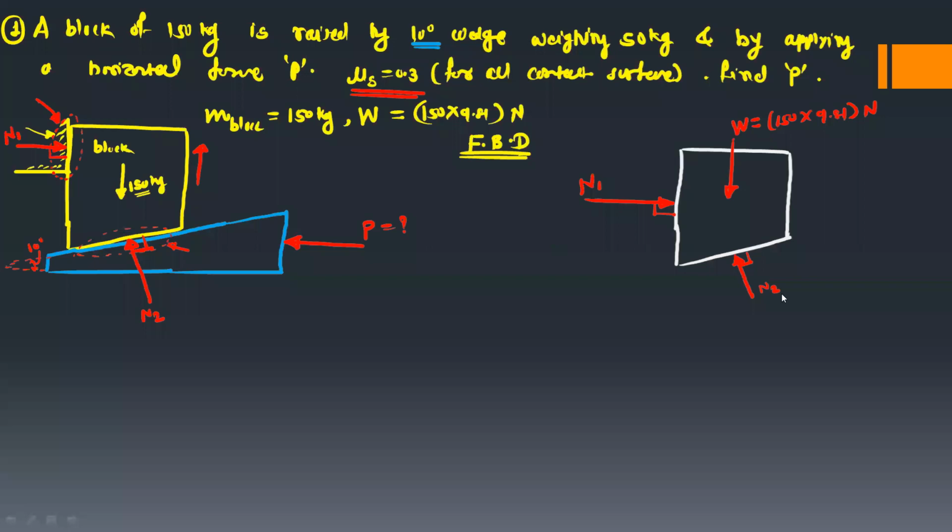Now this N2 reaction is the common reaction for the block and the wedge. So in this problem, we will draw one free body diagram for the block and a second free body diagram for this wedge. For the wedge, this N2 will be the common reaction.